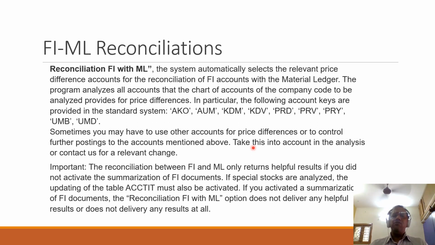This will help the reconciliation of FI and ML, and returns helpful results only if you did not activate a summarization of the FI document, special stock or analysis, the update of the table. If you activate a summarization, it is optional because it is helpful for understanding results only. It is not going to impact the business or any other process. It is the most important process we are taking into consideration.